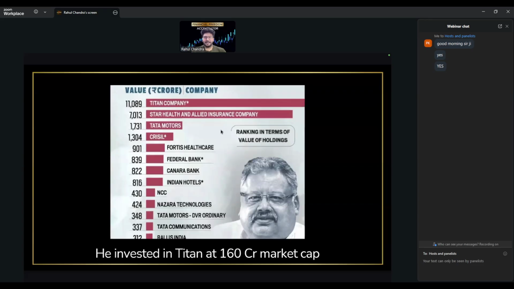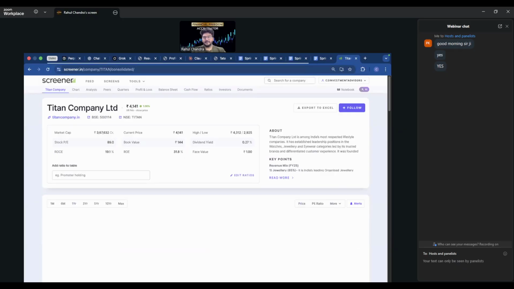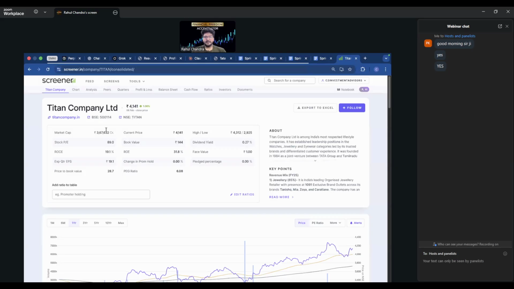Put it into context. Let's see how big is Titan today. Okay. What is the current market cap of Titan? 3,67,000 crores. Okay. By the way, how many times is it? Let's do that. Okay.